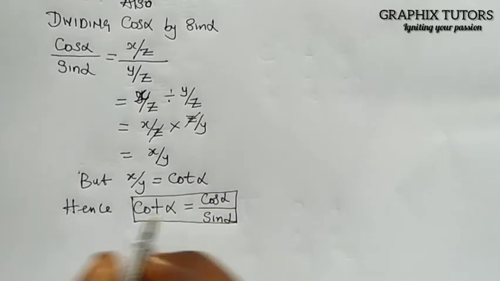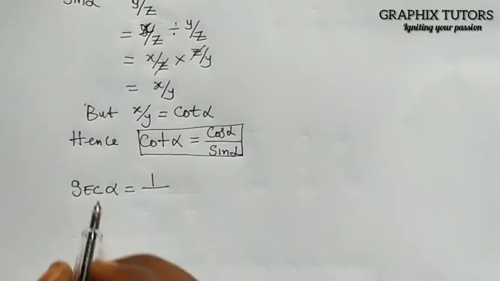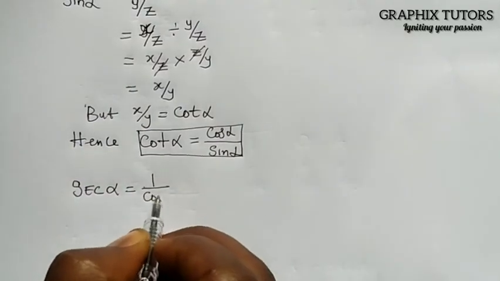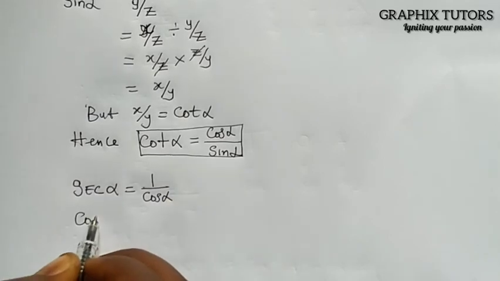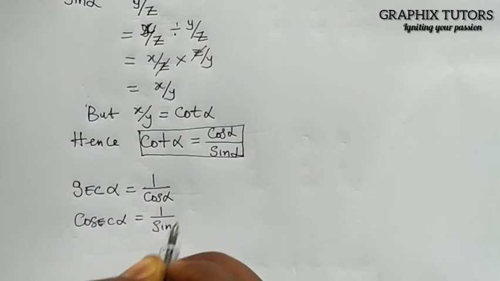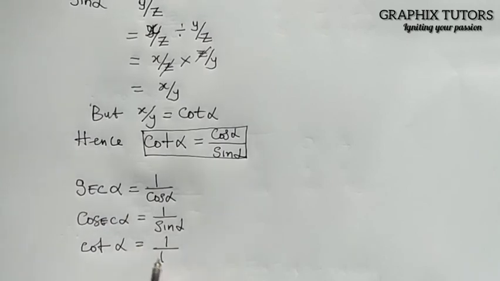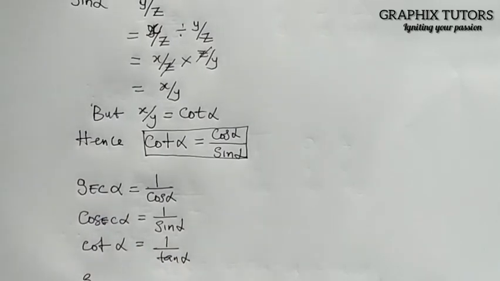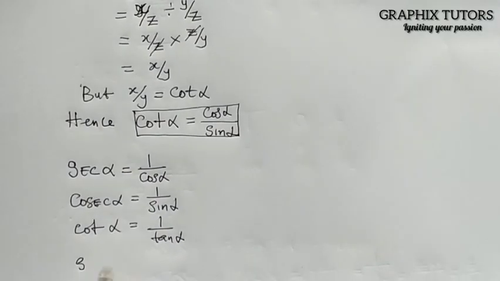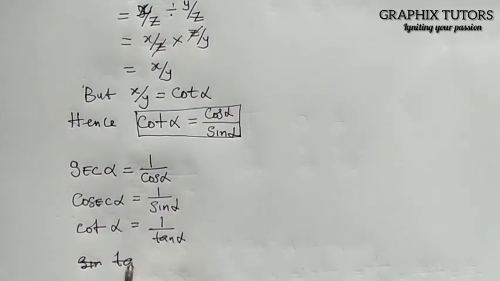So that is to say, in this chapter, what is paramount and very important for you to know is this. Sec alpha is given as 1 over cos alpha. Cosec alpha is giving us 1 over sine alpha. Cot alpha is giving us 1 over tan alpha.